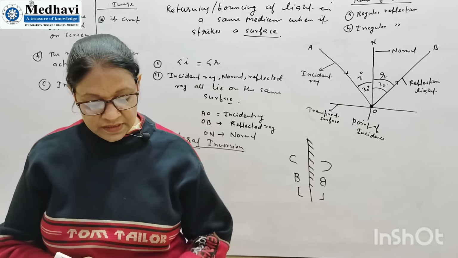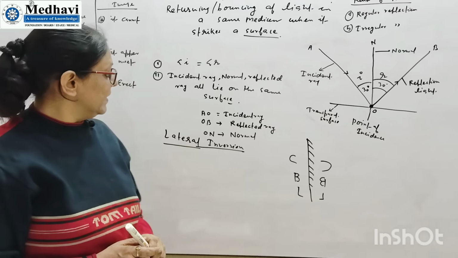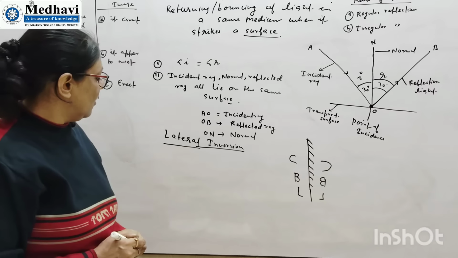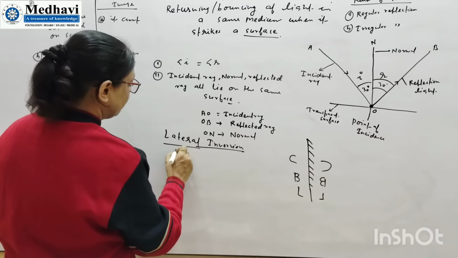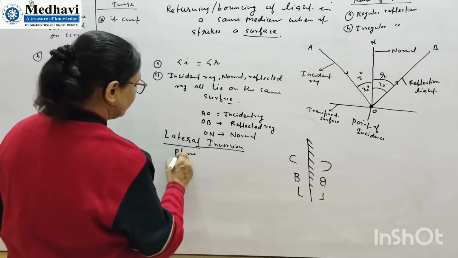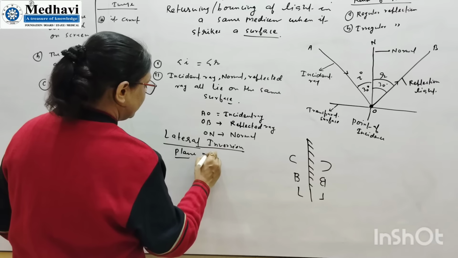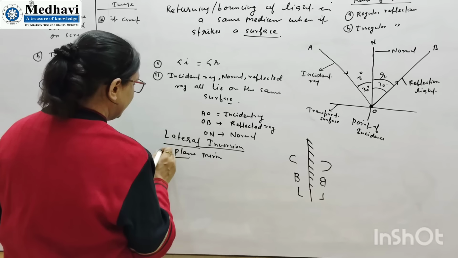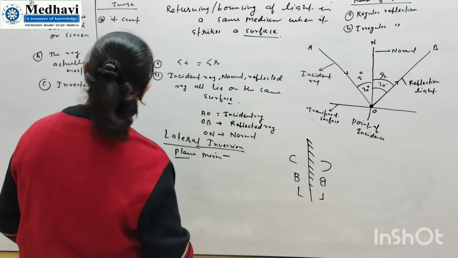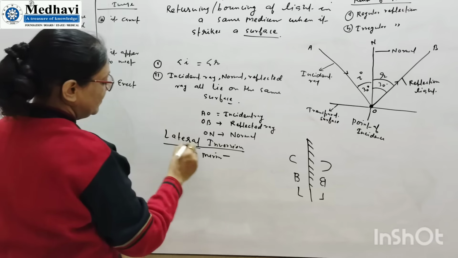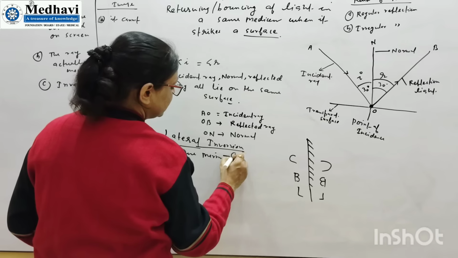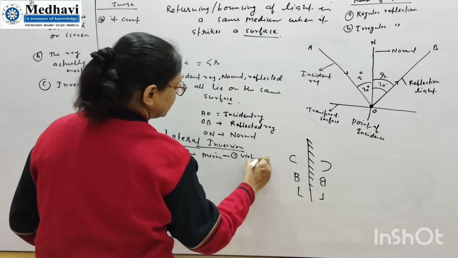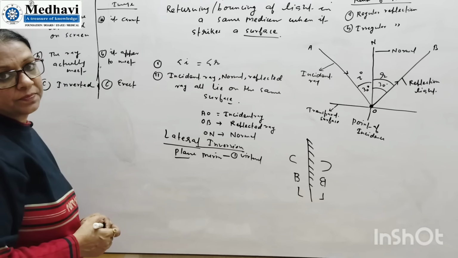So with the help of this, the next part is the characteristics of the image by a plane mirror. What are the different characteristics of the image by a plane mirror? A plane mirror always gives, first, a virtual image.